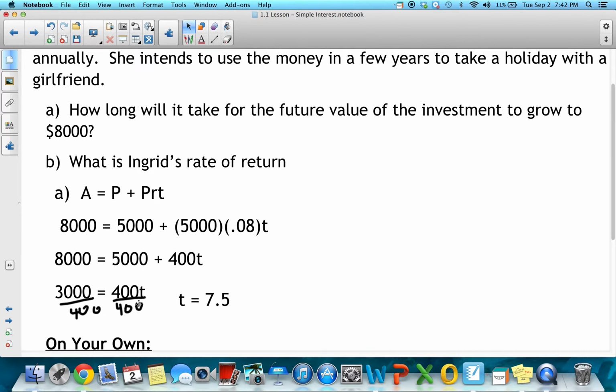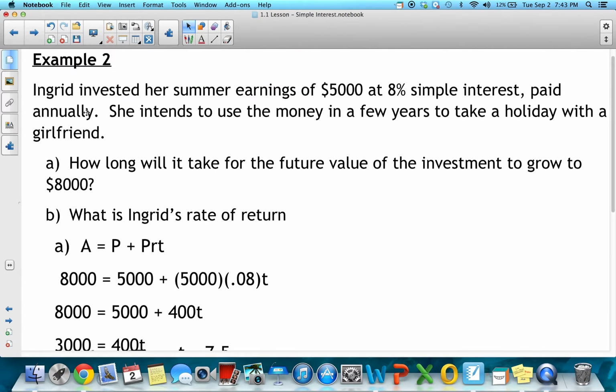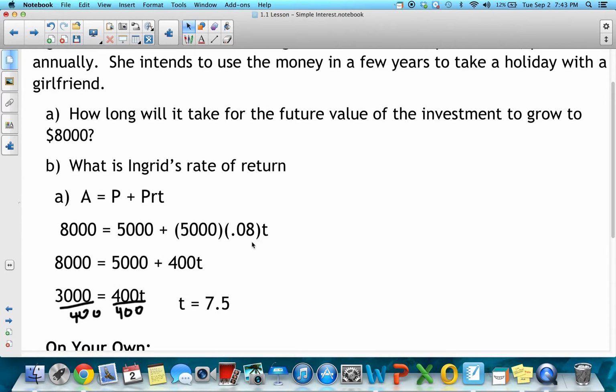In order for her to collect that last little bit of interest to bring her to the 8,000 mark, she's actually going to have to wait until 8 years. Because if she takes it out at 7.5, she's not going to accrue that last half a year of interest because you only get paid out annually. So she would only get paid out for 7 years of interest instead of 7.5. So if she wants that full 7.5 years worth of interest, she's going to have to wait till 8 years.